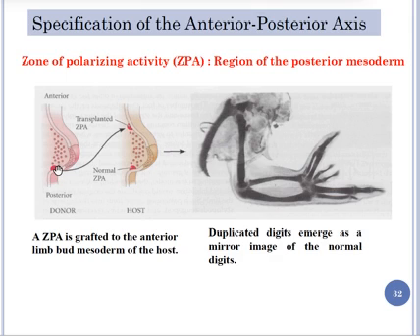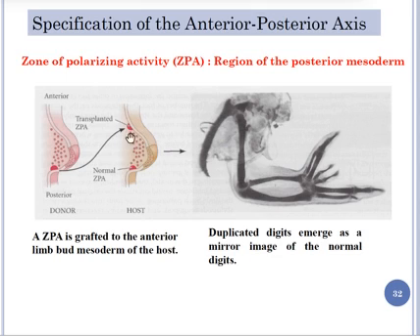To understand better the function of the ZPA, this experiment has been done. A ZPA is grafted from a donor limb bud into the anterior part of the mesoderm of a host limb bud.